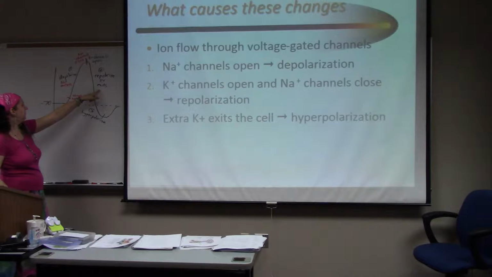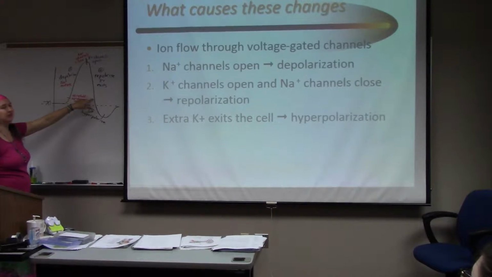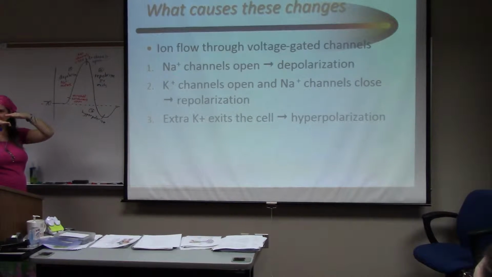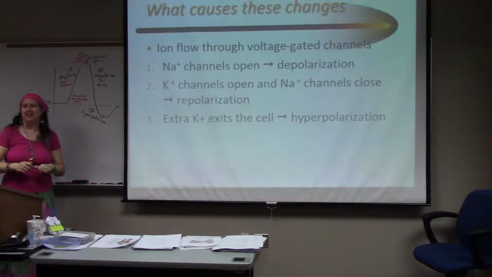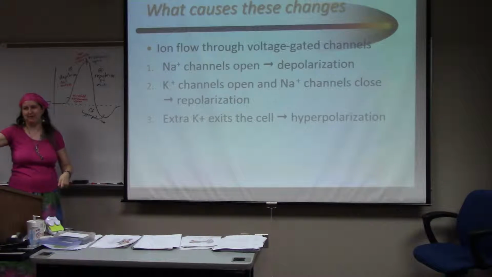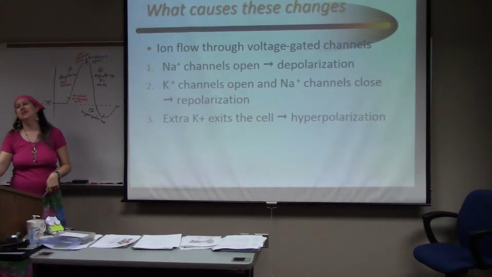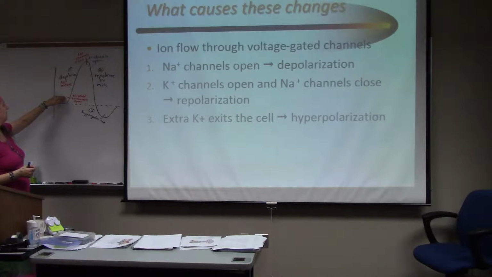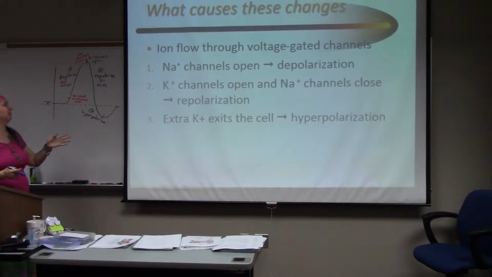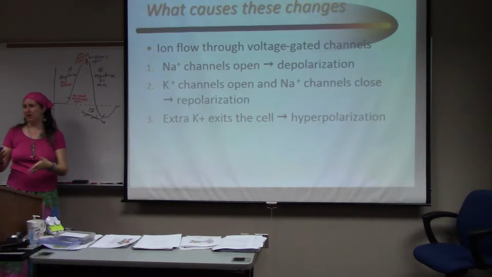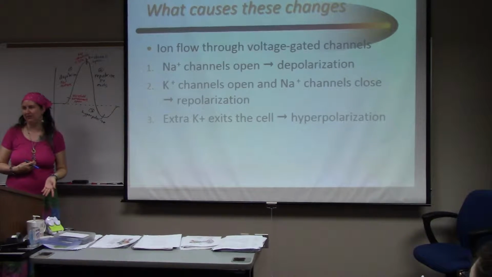Now, the potassium channels start closing when we get back to threshold, but you know how some doors are quick and some of them are slow. The potassium channels are the slow ones. They actually start opening at the same time as the sodium ones, but it takes them until here to be open enough for potassium to get through.